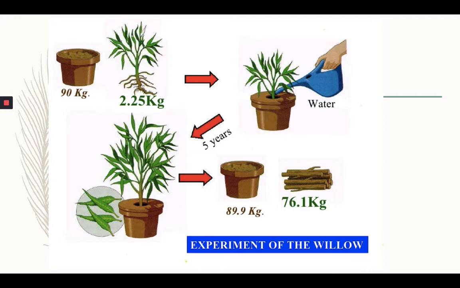After 5 years, he realized that the soil in the pot had decreased by only 100 grams, but the plant became 76.1 kilograms. That is really huge, and he couldn't answer this mystery. So he concluded his experiment that plants need only water.